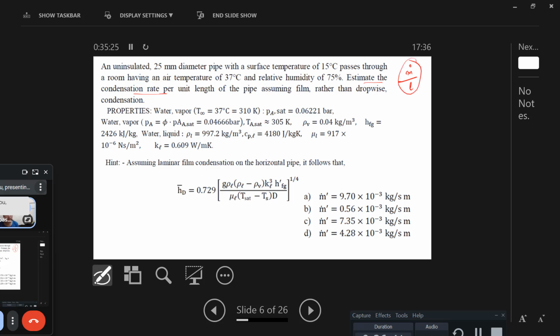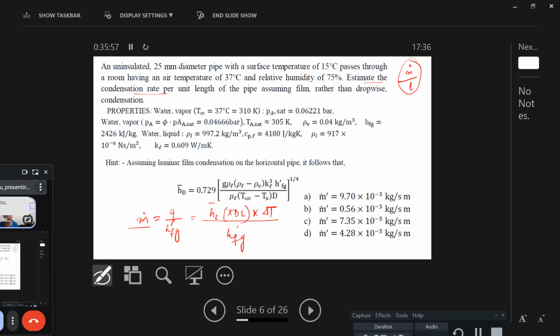Now, how do we get this? M dot we get as Q divided by HFG prime, right? So Q is equal to HL pi D into delta T, or T sat minus TS, divided by HFG prime.